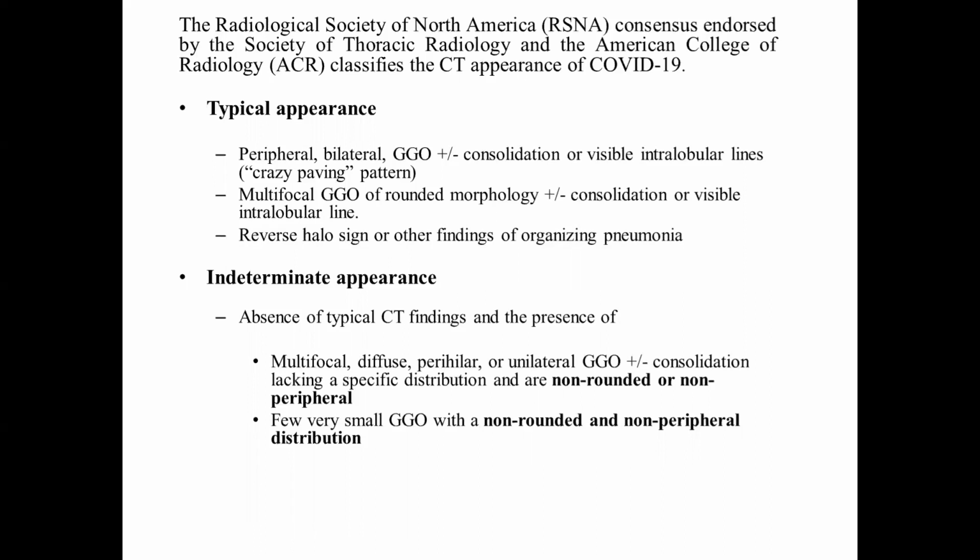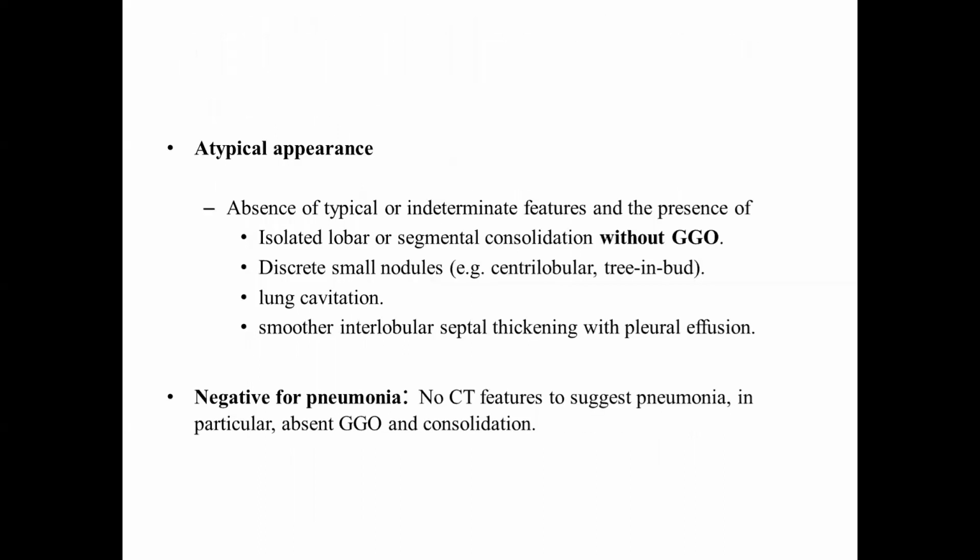In the indeterminate appearance, there is absence of typical CT findings and presence of multifocal, diffuse, perihilar or unilateral GGOs with or without consolidation, lacking a specific distribution and being non-rounded or non-peripheral. Few very small GGOs with non-rounded or non-peripheral distribution is also a feature of indeterminate appearance.